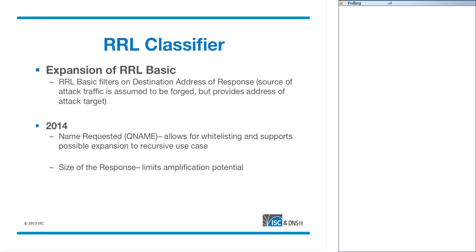We have felt like with the recursive servers, you have some other tools at your disposal, as in, number one, we hope that you're not running open recursive servers, and that you're making use of ACLs to only do recursion for your known clients. But with the QNAME work in Classifier, stay on the lookout for what we're going to do in terms of applying RRL to recursive servers.